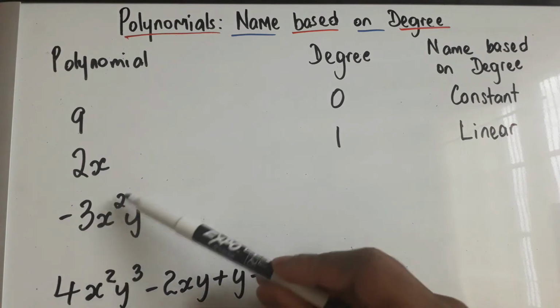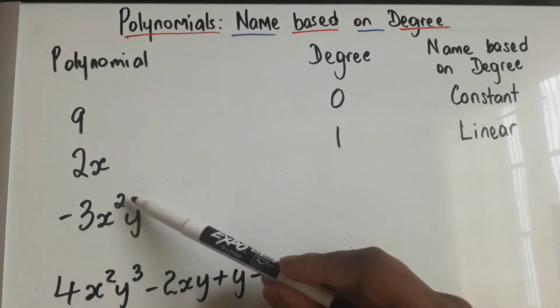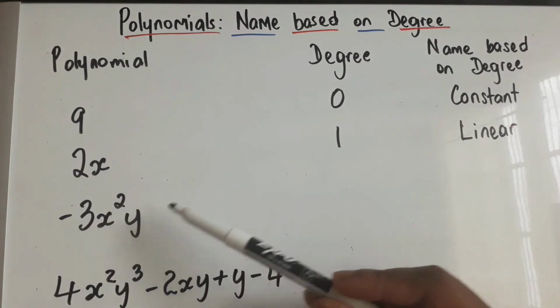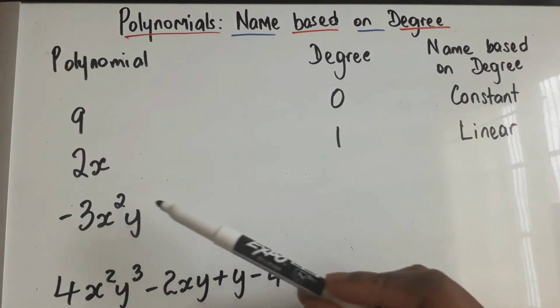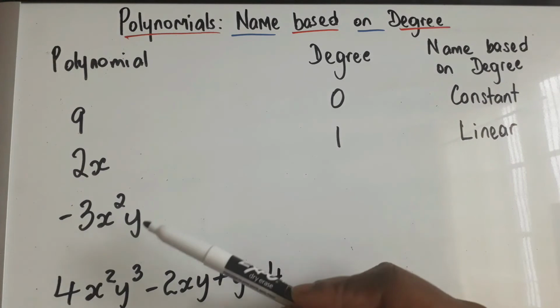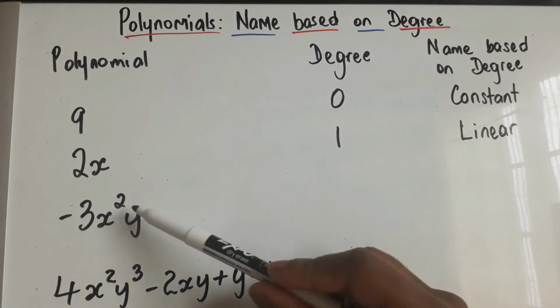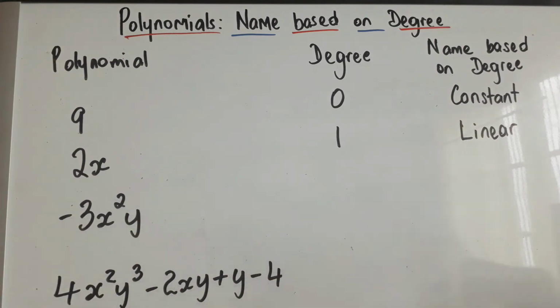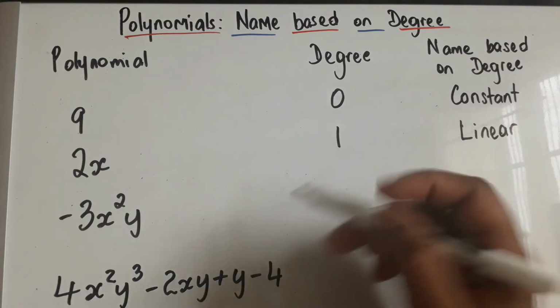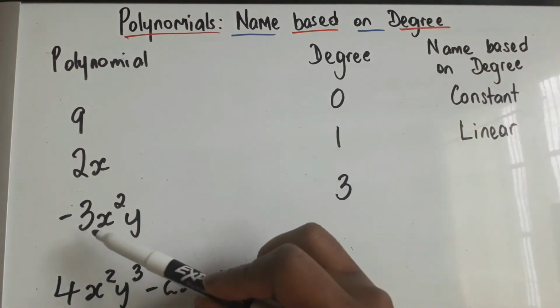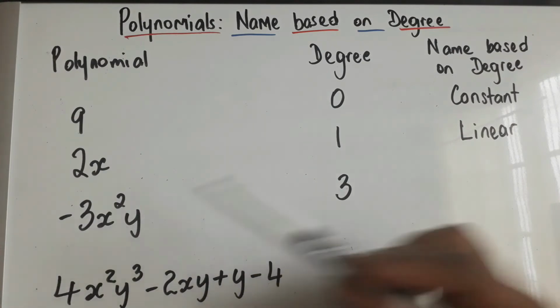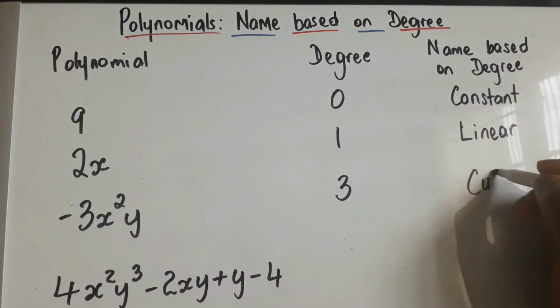So for x, obviously the exponent or the power is 2. For y, even though we don't see it, that power or that exponent is also there, which is 1. So for this, we will combine both of those exponents by adding them. So 2 plus 1 will give us 3. So the degree for this polynomial is 3. And the name based on the degree of the polynomial is cubic.